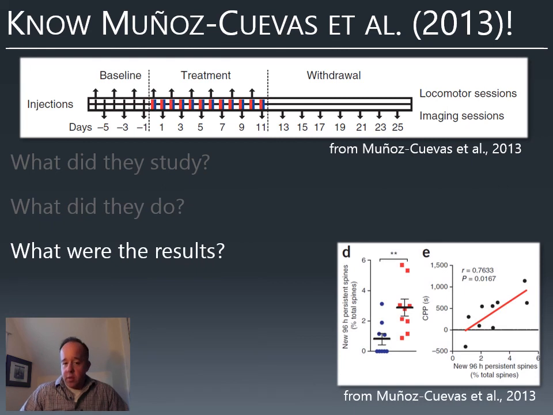what were the results. So we know that cocaine administration increased the rate at which new spines were grown, didn't increase the rate at which they were lost, so those spines stuck around. We know that it wasn't related to the mice moving around more, even though that's something that cocaine does. And we know that it's related to that cocaine conditioned place preference test.